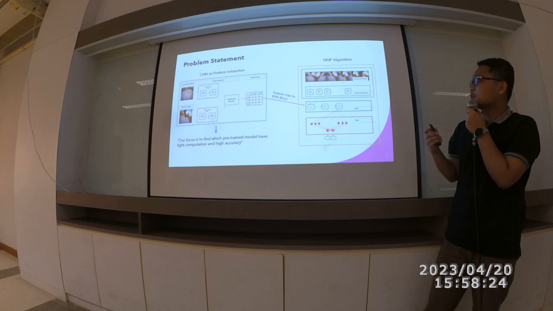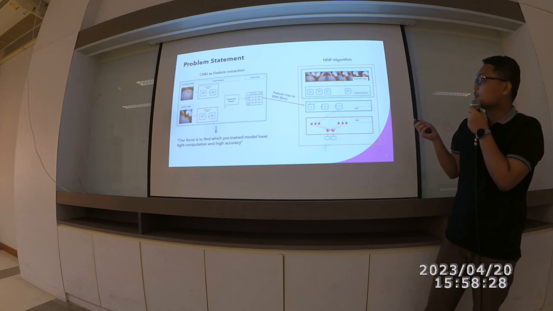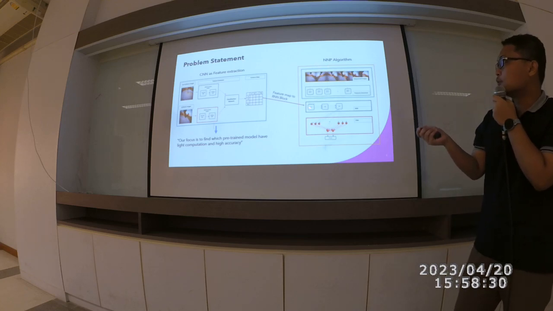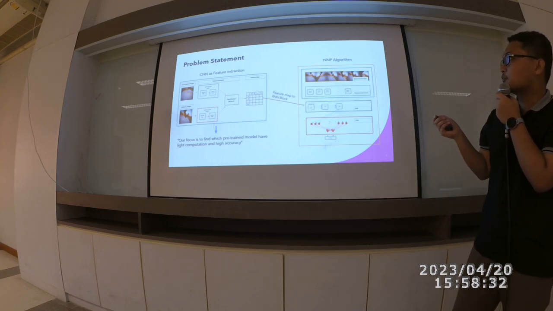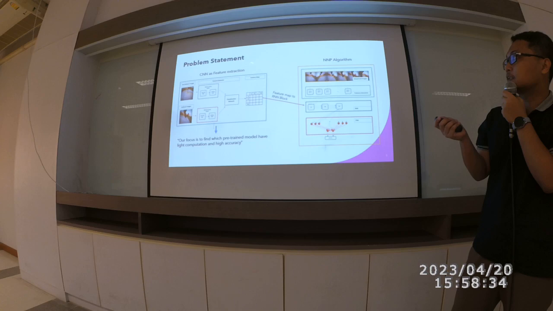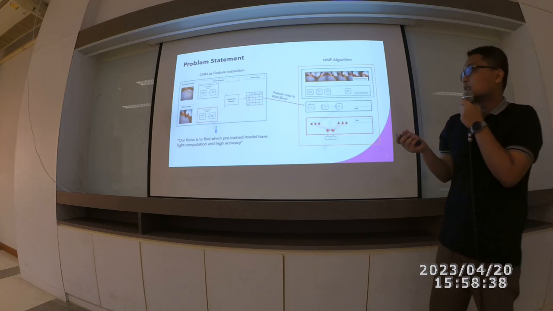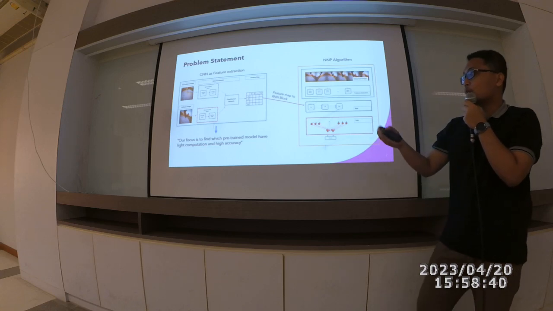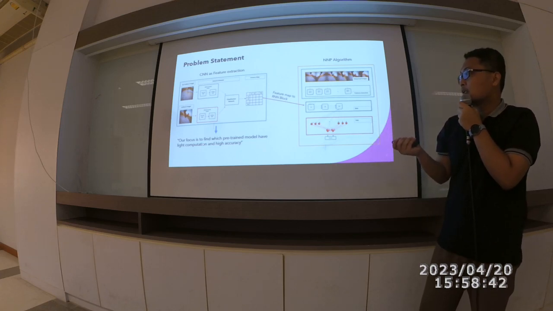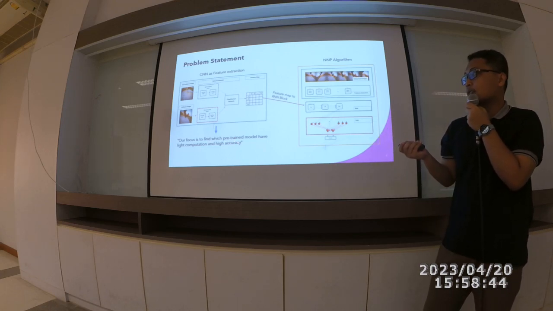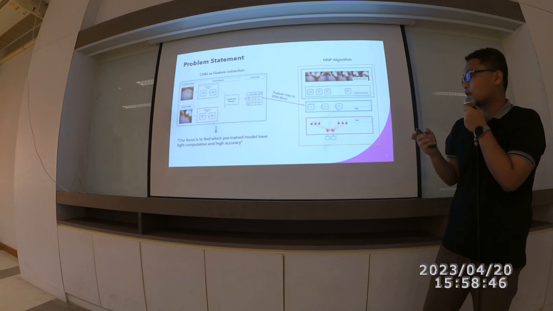So we try to customize the CNN. We try to customize the blue block, which is the CNN feature extraction, to change the pretrained model and then find which model has light computation and high accuracy.